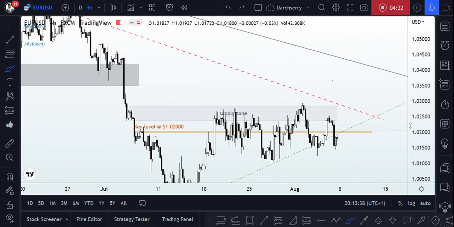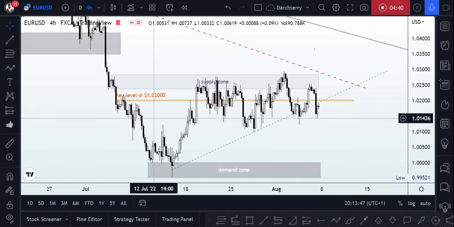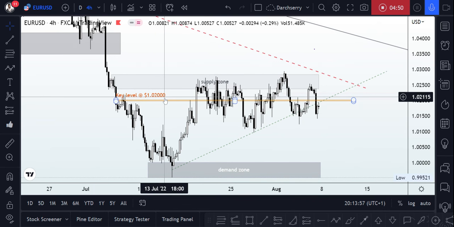So now going into the new week, what I'm looking forward to is a further breakdown of that bullish trend line. And with that key level at 1.0200 area, I'm not going to be doing any sell above that level. So I want to see price oscillate right below the 1.0200 area for me to be selling the Euro USD.